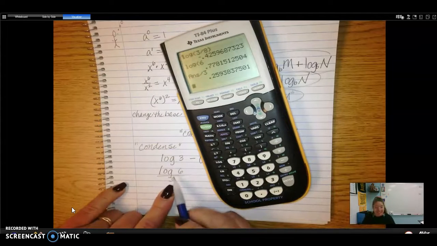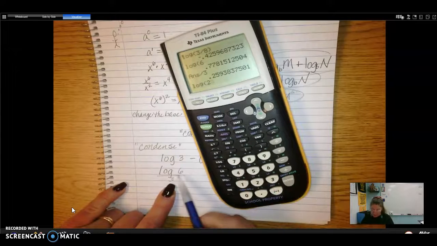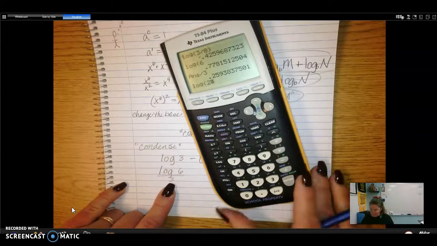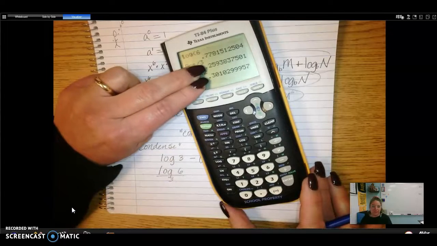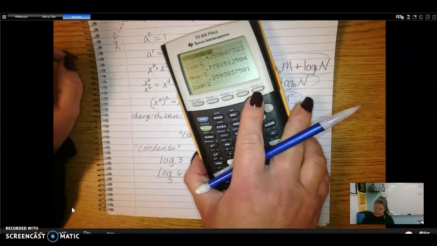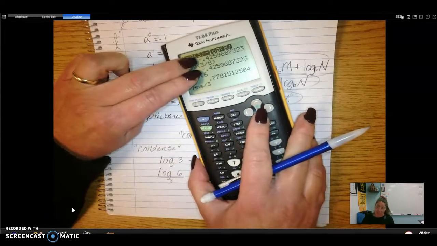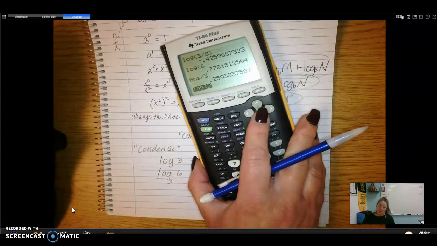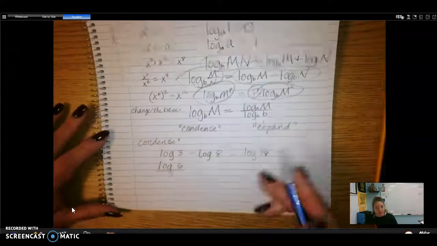That is not the same thing as doing the log of 2. So if you just divided 6 and 3, look, those are 2 completely different decimals. Remember earlier, we got the exact same decimals because it's the exact same thing. These are not the exact same thing. So we have to be really careful about it.